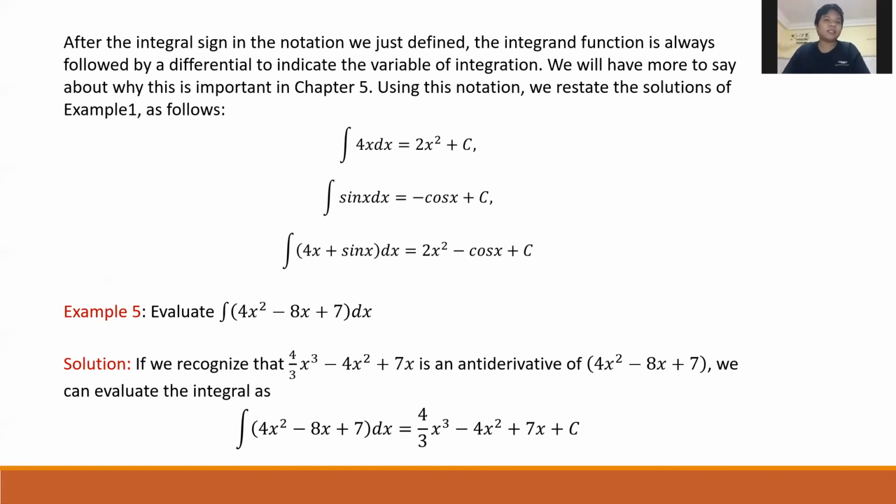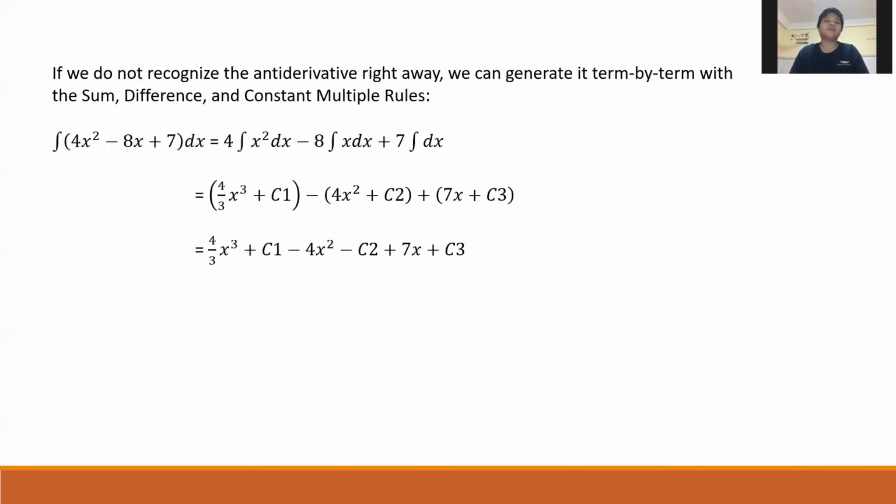And the last example is: evaluate the integral of 4x squared minus 8x plus 7 dx. If we recognize that 4 over 3x cubed minus 4x squared plus 7x is an antiderivative of 4x squared minus 8x plus 7, we can evaluate the integral: integral of 4x squared minus 8x plus 7 dx equal to 4 over 3x cubed minus 4x squared plus 7x plus c.